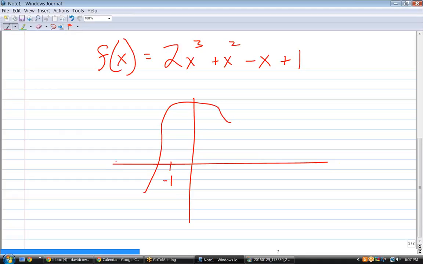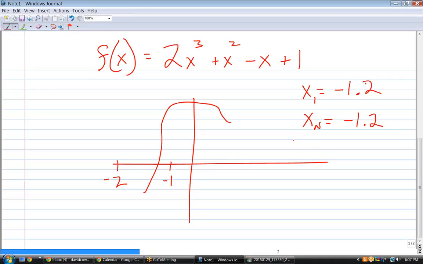So if I were going to guess at an initial solution, I would say x sub 1 is equal to minus 1.2. Now, let's go through the calculations here. So, x sub n, our first guess, is minus 1.2.